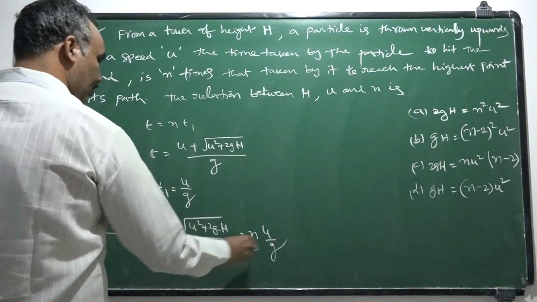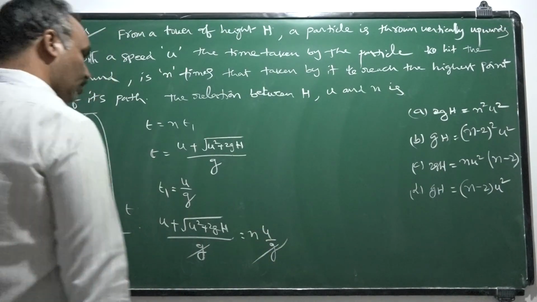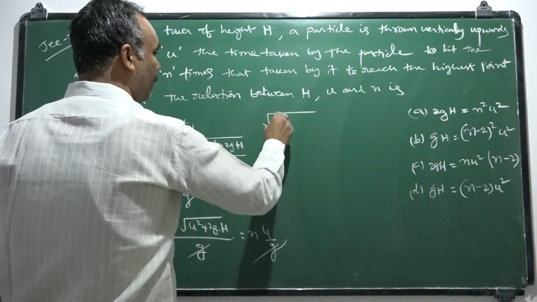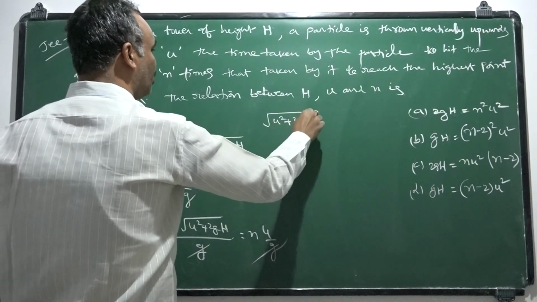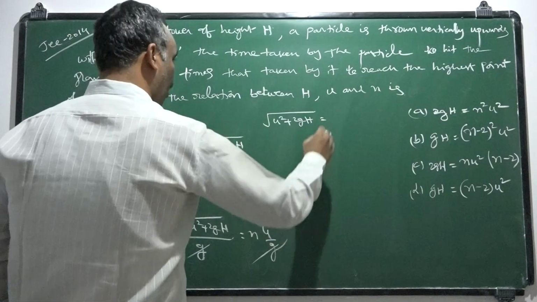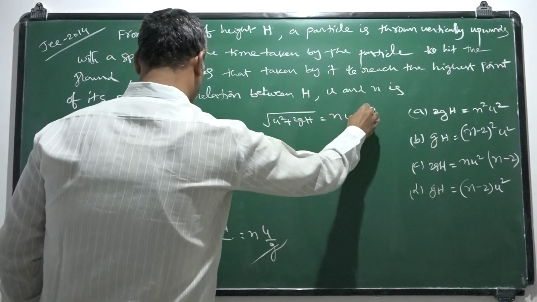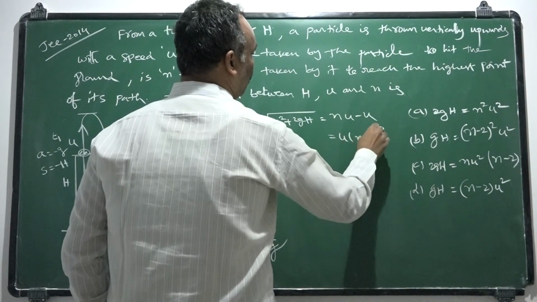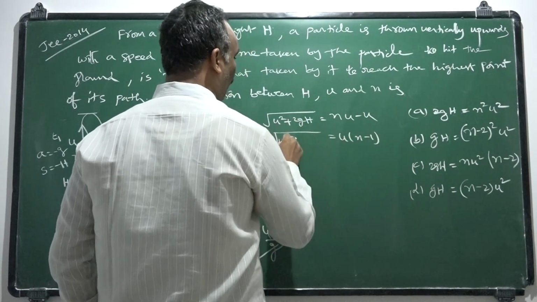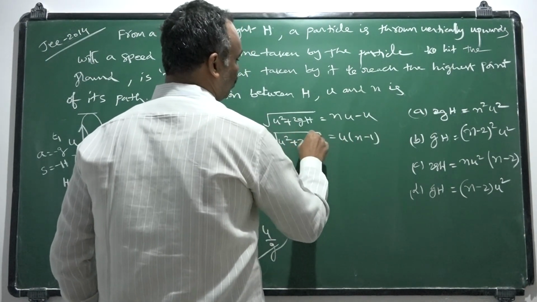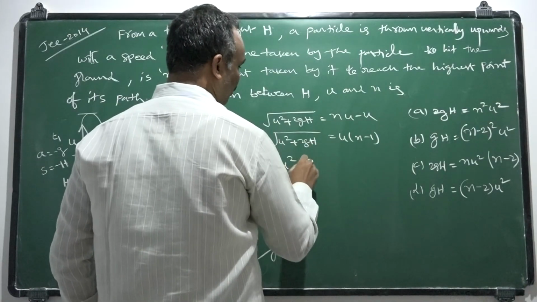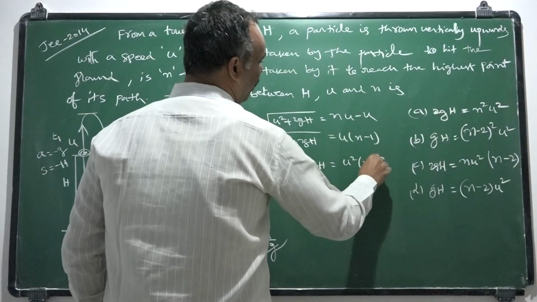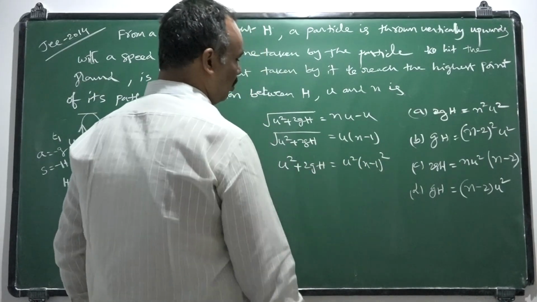G gets cancelled. You take this u that side, root over u square plus 2gh is equal to nu minus u, that is u into n minus 1 is equal to root over u square plus 2gh. Squaring on both sides, u square plus 2gh is equal to u square into n minus 1 whole square.